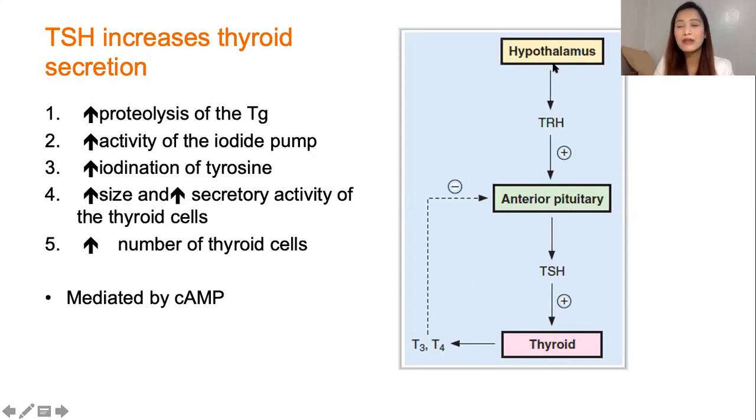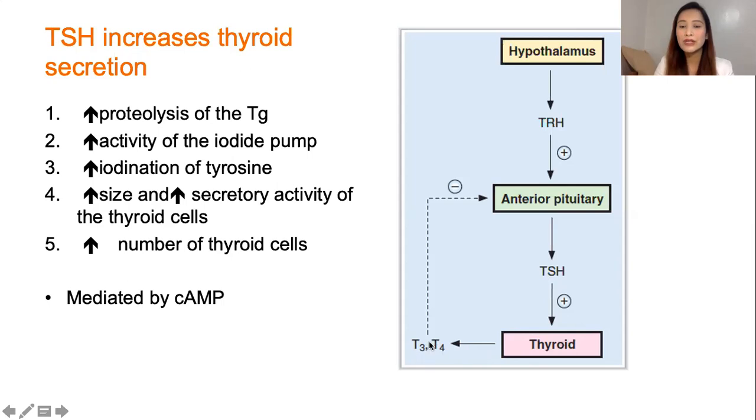Your hypothalamus produces your TRH, your thyroid releasing hormone, which stimulates your anterior pituitary to secrete your TSH, and your TSH is responsible for stimulating your thyroid gland to produce T4 and T3. Remember, your TSH modulates all the steps of thyroid hormone synthesis, from iodide trapping to the thyroid peroxidase enzyme to the organification. TSH affects all of that.